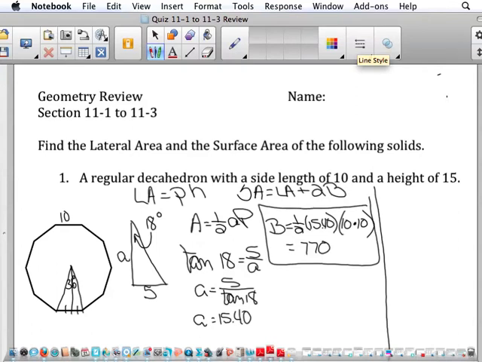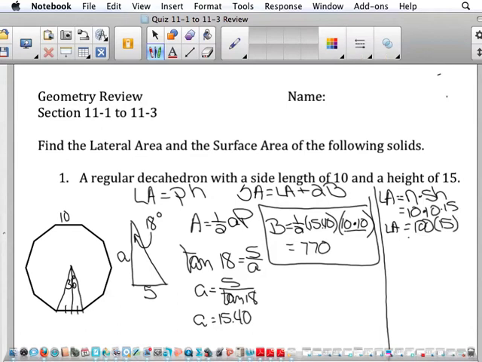Now let's go over to the lateral area. Lateral area is the perimeter times the height. Remember, we said the perimeter is the number of sides times the length of a side. I have 10 sides, each side is 10, so my lateral area is equal to 100 times the height, which is 15.